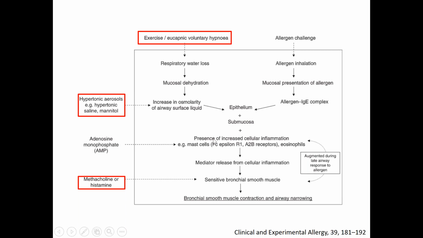And if there is inflammation present, then this causes release of various mediators from mast cells and things like that. And that mediator release then acts on bronchial smooth muscle to cause bronchial muscle contraction, airway narrowing. Exercise or eucapnic voluntary hyperpnea challenges act on the inflammatory cascade by drying out the airways and causing water loss from those airways, which increases the osmolarity, and then a similar pathway is followed.